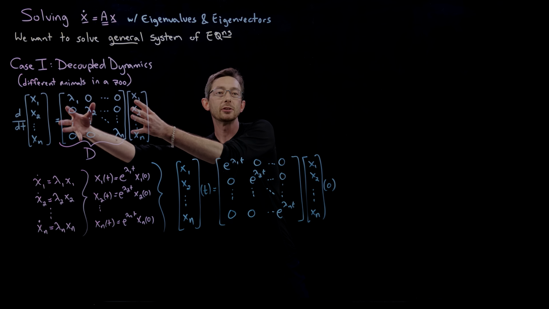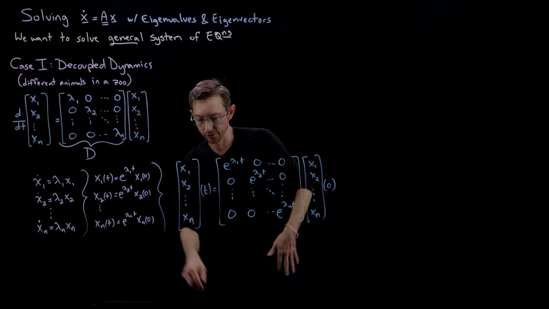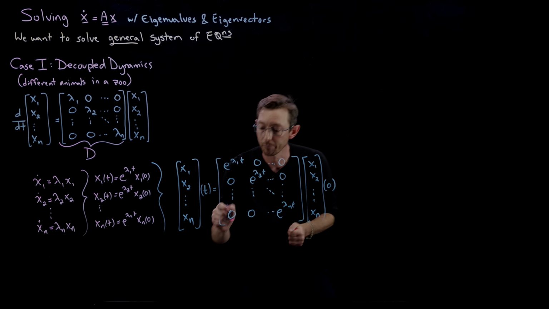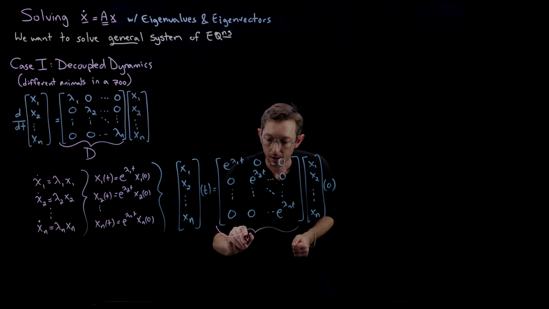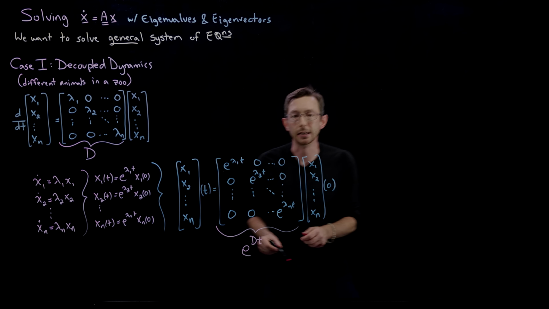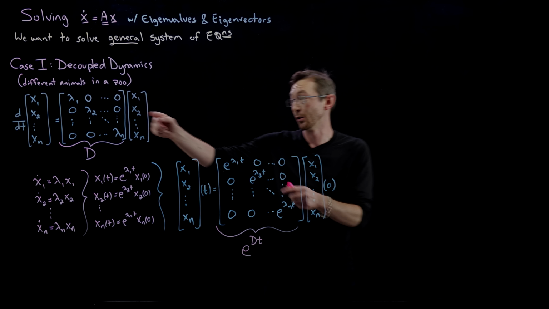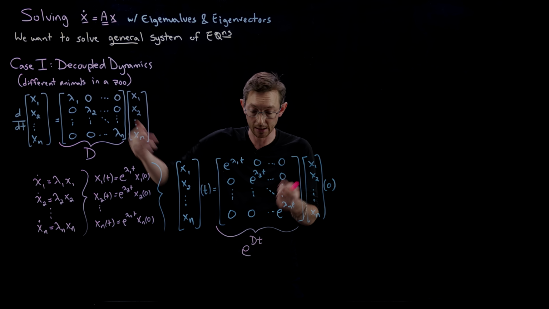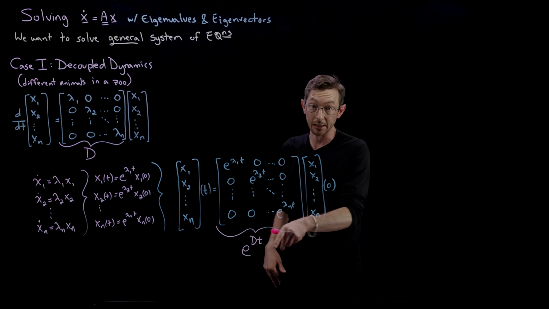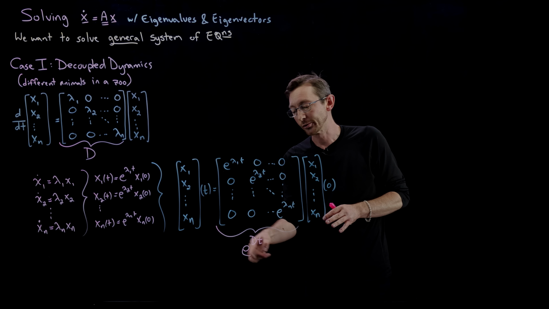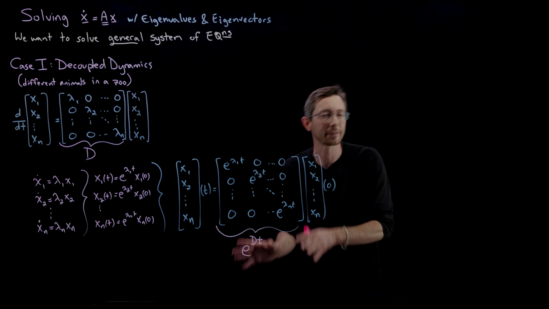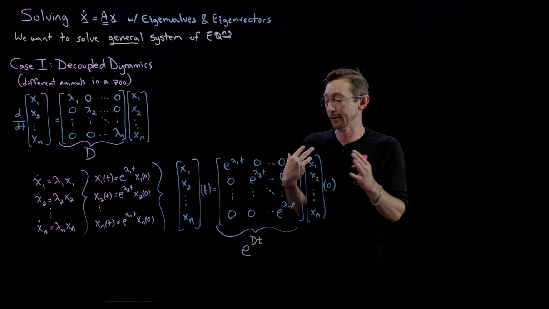If this matrix here was D, a diagonal matrix, then this matrix here is e to the diagonal matrix t. Okay, it's literally a diagonal matrix where I exponentiate all of the diagonal elements times t. This is e to the Dt. I haven't defined what a matrix exponential is yet. I'll define that in a couple of lectures. It's really easy.